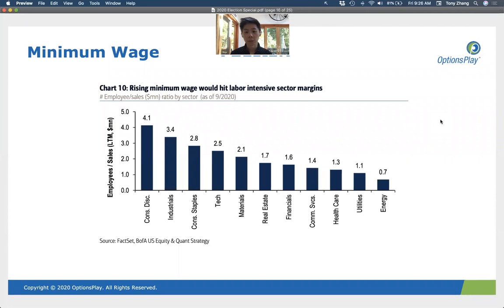There will be certain states that will be affected substantially more, but this will also affect certain industries substantially more, especially industries that are more labor intensive: consumer discretionary, industrials, consumer staples. These are the sectors that have the most employees for every $1 million in sales. And those are the ways that we can measure which industries are most sensitive to margins as a result of an increase in minimum wage.